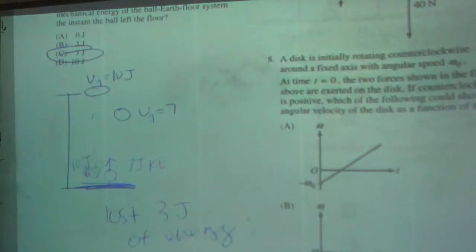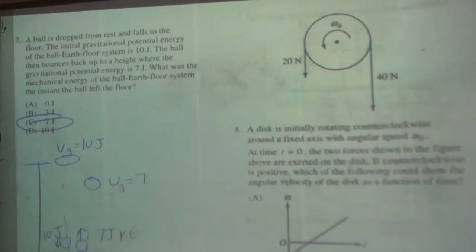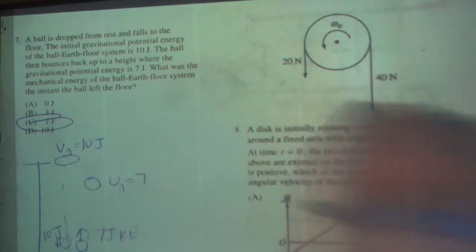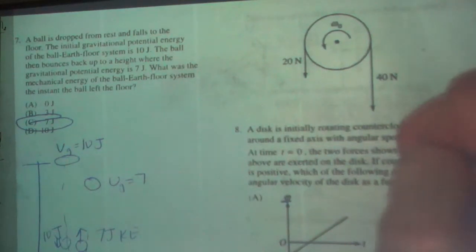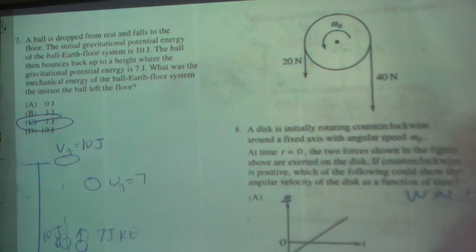All right, number 8, we have a disk initially rotating counterclockwise around a fixed axis with an angular speed omega naught. At t equals 0, 2 forces are shown. If counterclockwise is positive, which of the following could show the angular velocity of the disk as a function of time? So let's think about velocity. Let's look at the omega at t equals 0. That's called omega naught.